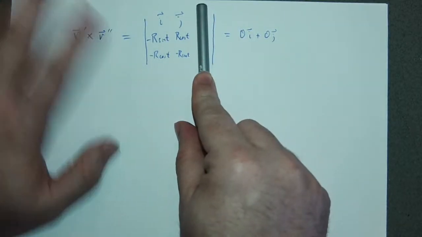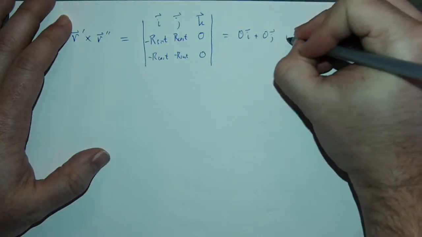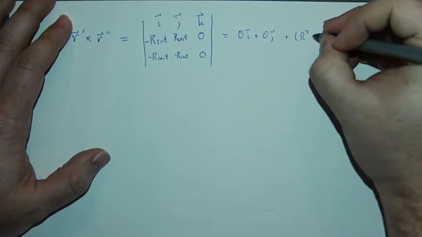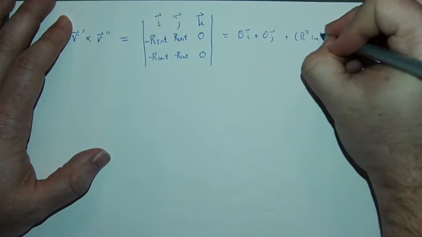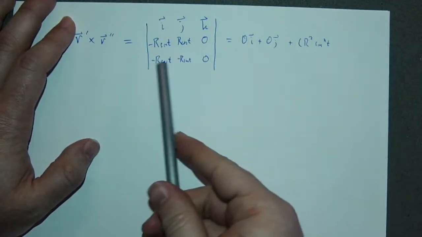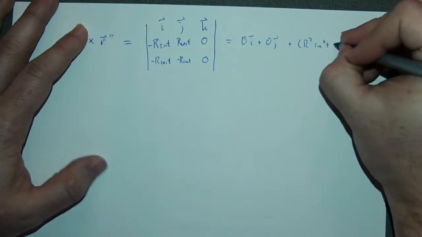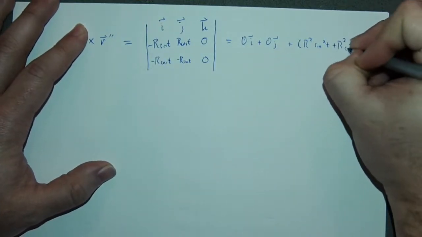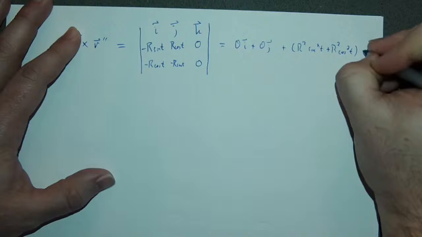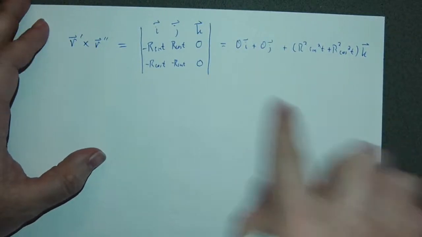So covering that up, I get minus r sine t times minus r sine t, so I get r squared sine squared t. Minus r cosine t times minus r cosine t, so this is plus r squared cosine squared t times k. And so that's what the cross product of this is.